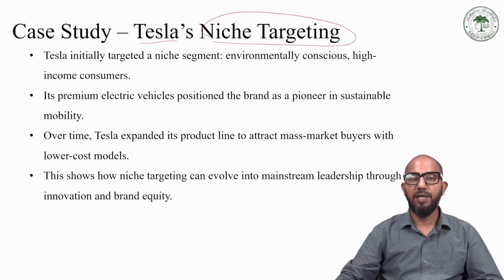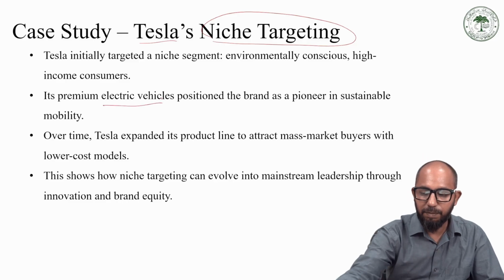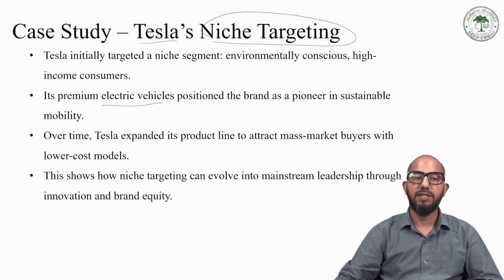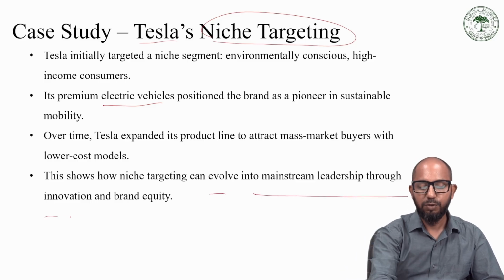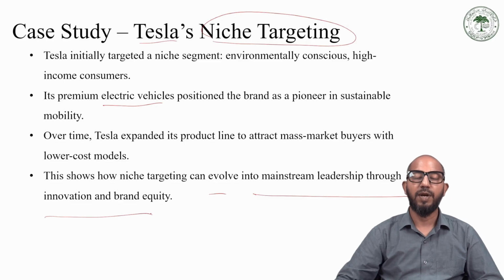Its premium electric vehicles positioned the brand as a pioneer in sustainable mobility. Over time, Tesla expanded its product line to attract mass market buyers with low cost models. This shows how niche targeting by Tesla can evolve into mainstream leadership through innovation and brand equity.